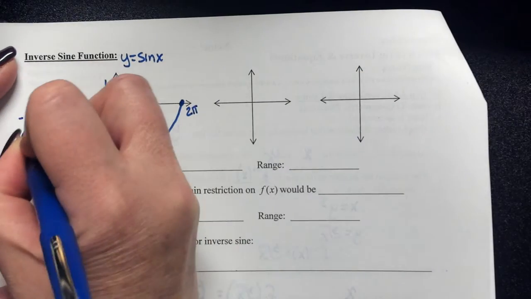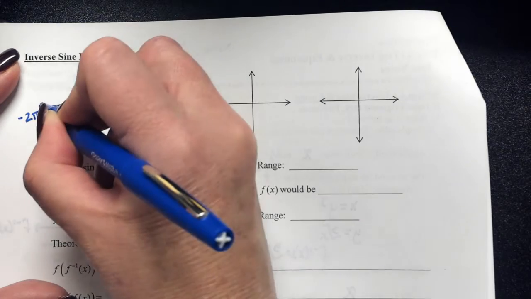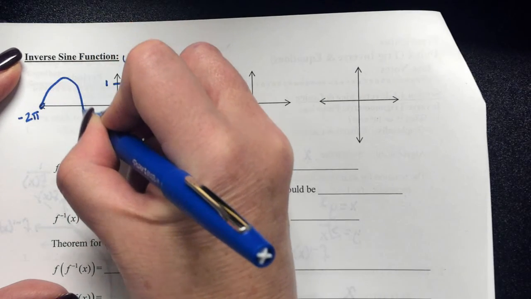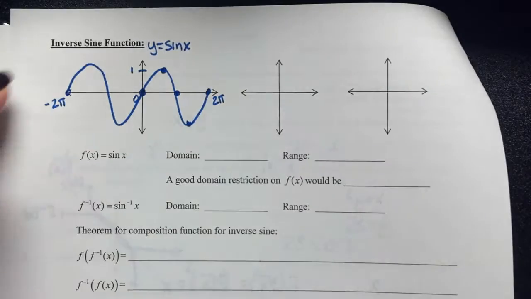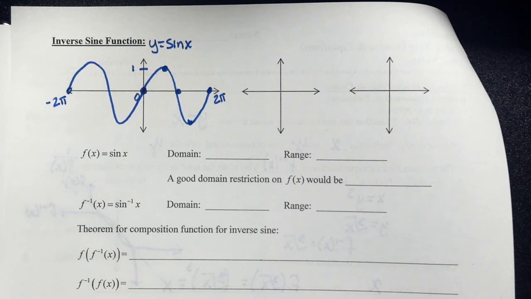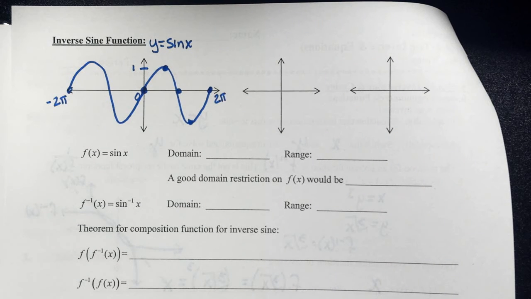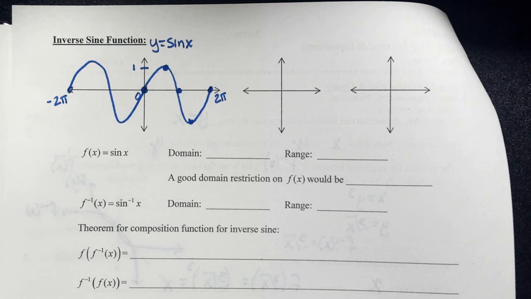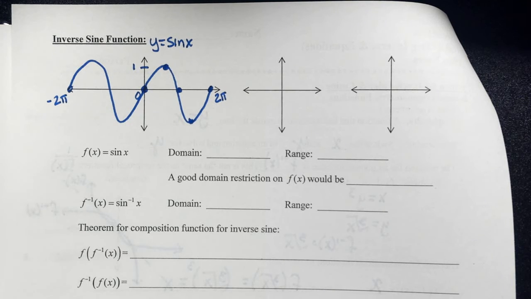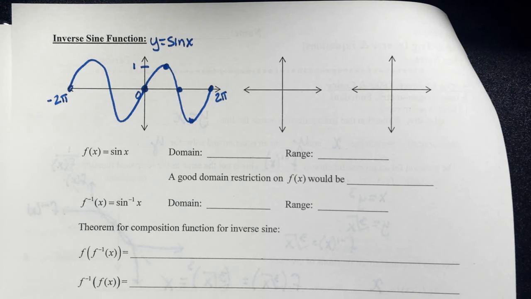I can also graph more than one cycle going from negative 2 pi to 0. So do you agree with me that sine of x is not 1 to 1? It will not pass my horizontal line test.